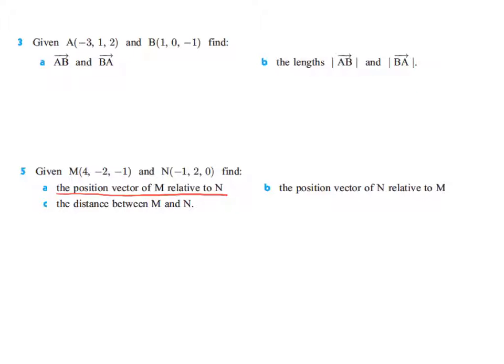That means N is your starting point, and we're going to M. Relative to N means it's starting at N. So in this case, A is really asking you to find the vector NM.